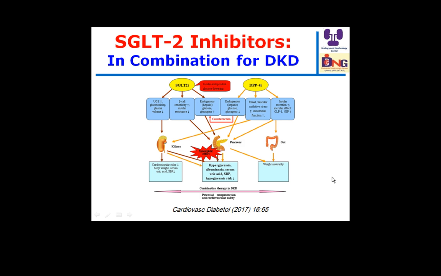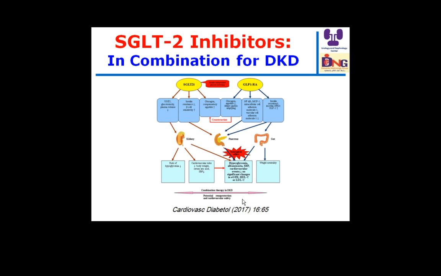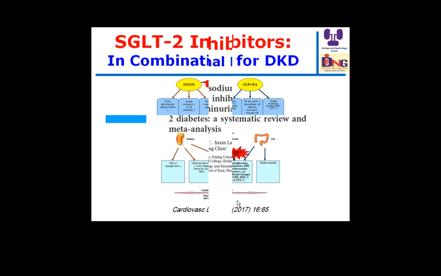So this combination is beneficial with nephroprotection and cardiovascular safety. Using a glucagon-like peptide 1 receptor agonist with a sodium glucose cotransporter 2 inhibitor is the same, with increased potential of nephroprotection. This means that these drugs can be used safely in combination with other drugs to protect the kidney and the heart.